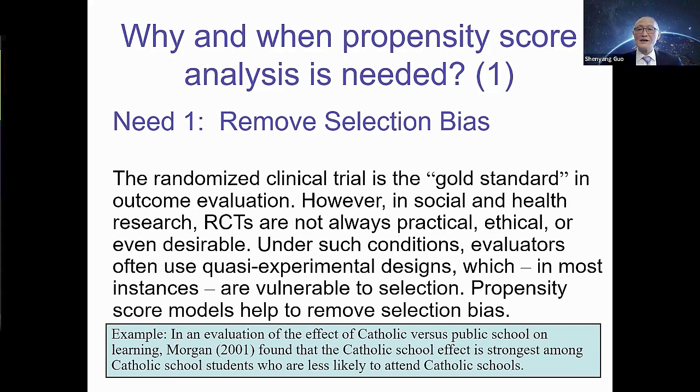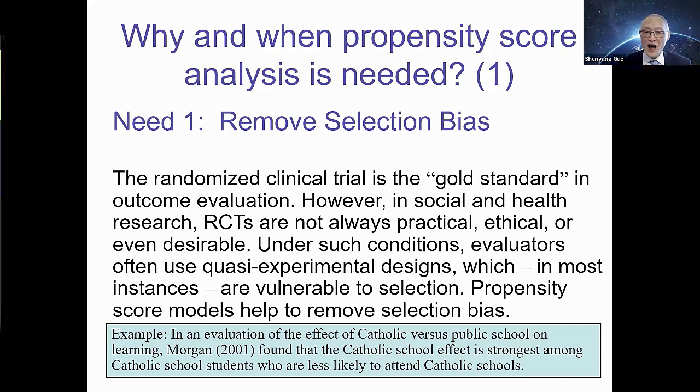Why and when is propensity score analysis needed? Well, the first need is to remove selection biases. As I just mentioned, RCT is called the gold standard.